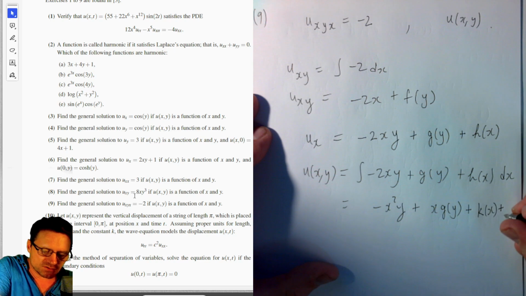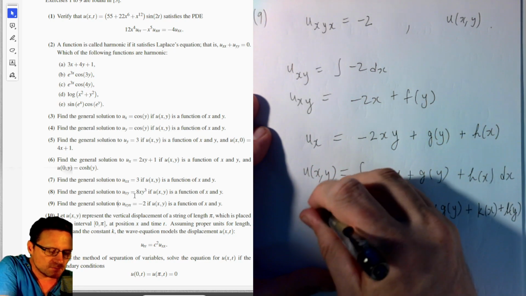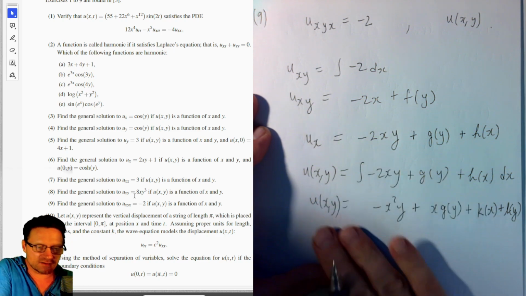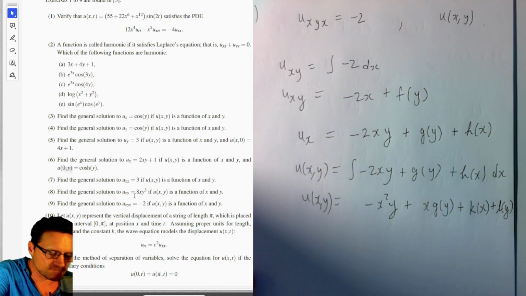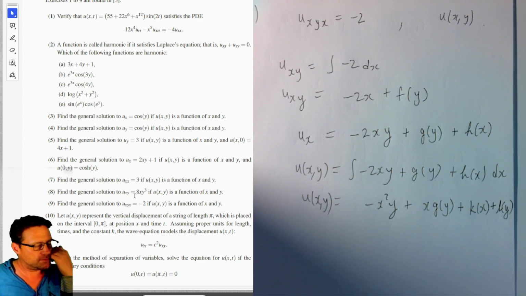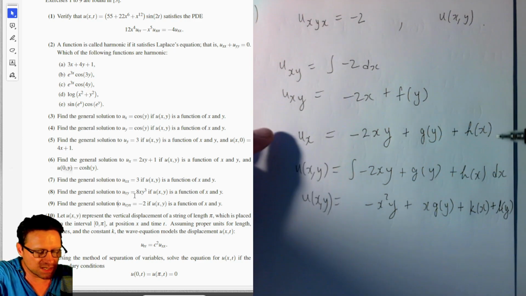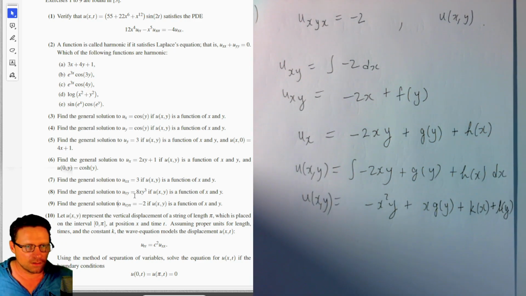And then we'll just use L of y. So that if we differentiate partially this line, we get the previous line. Okay.